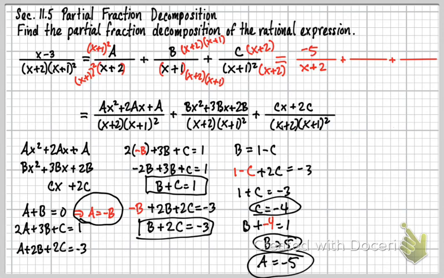So that's going to be a negative 5 up top. And then this is going to be my x plus 1. And that turned out to be my b there, which is 5. And then my c here is going to be the x plus 1 squared. And that turned out to be negative 4. Okay, so there's our answer.